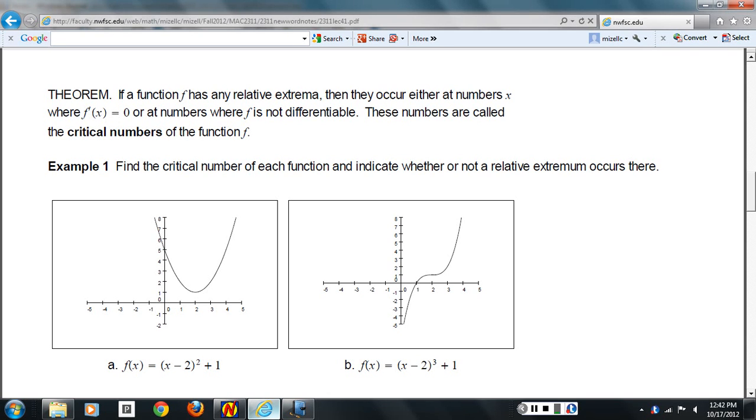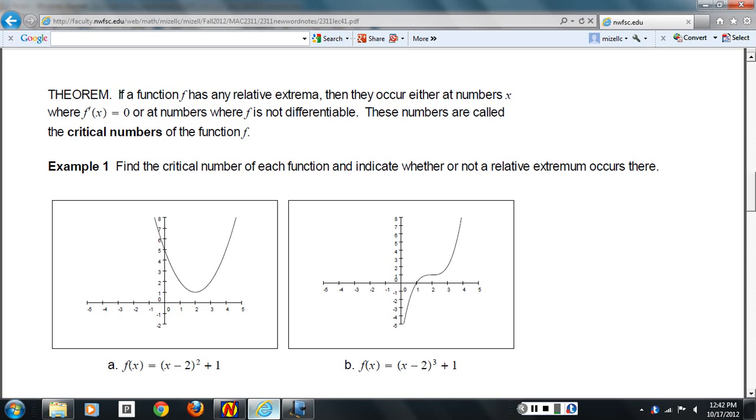And if f prime of x is not 0 and there's a relative extremum, it means that it's not differentiable. So if the derivative exists and f prime of x is positive, or negative, then it doesn't have a relative extremum at that particular point.